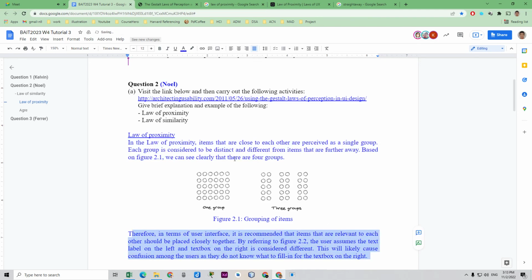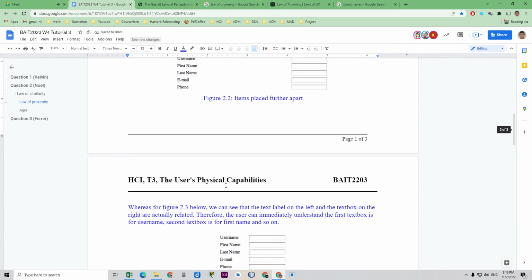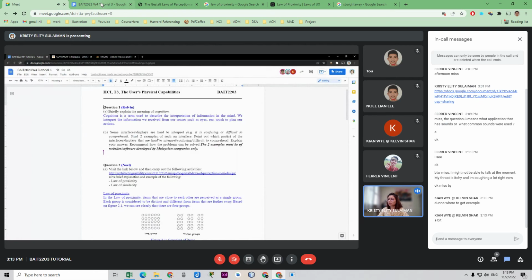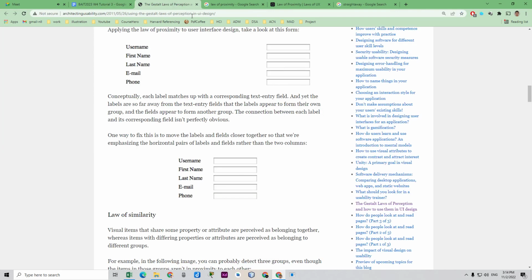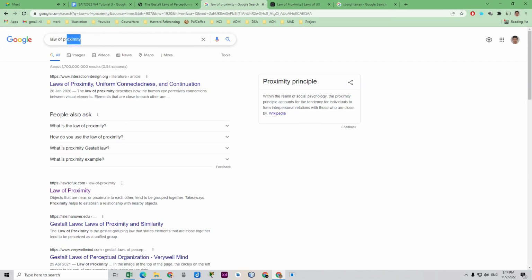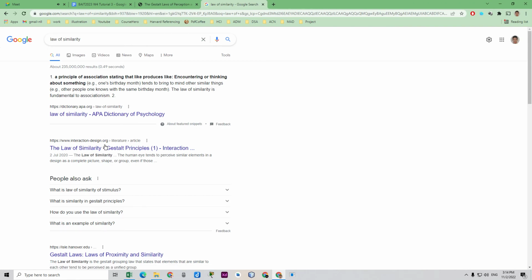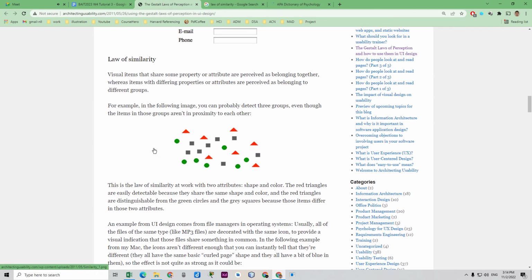You try first. You screenshot the question. Not all interfaces or displays are hard to interpret, right? So you find one that you feel is confusing or difficult to see. Maybe some people have different perceptions, or they perceive this differently from other people, right? So you give your own opinion.